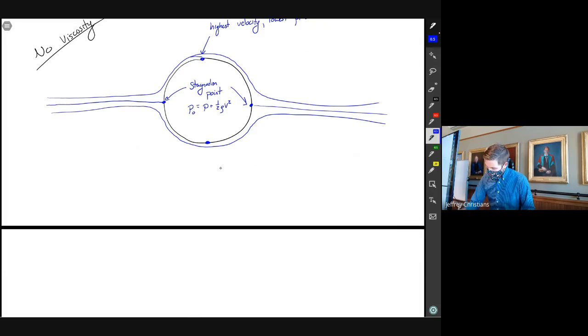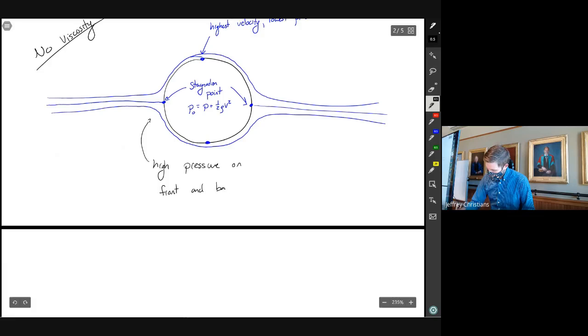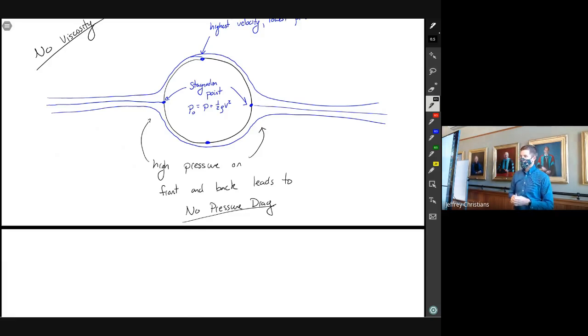So in this case, we have high pressure on the front and back side of our ball, which leads to no pressure drag.